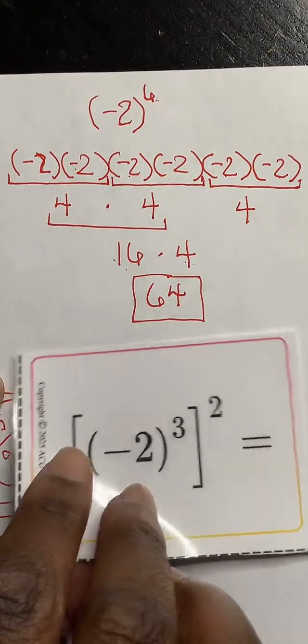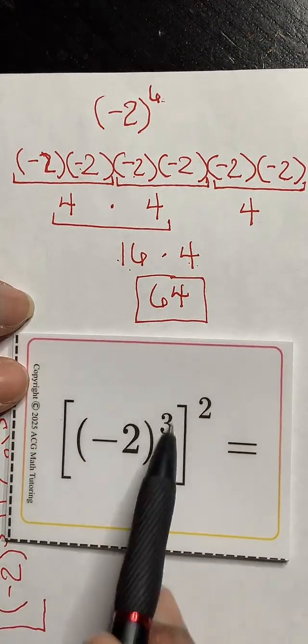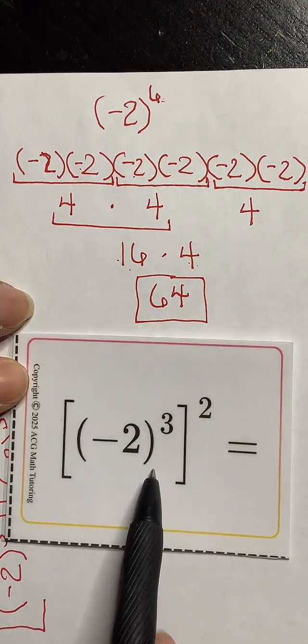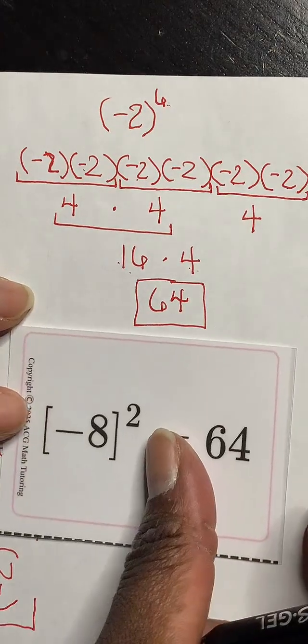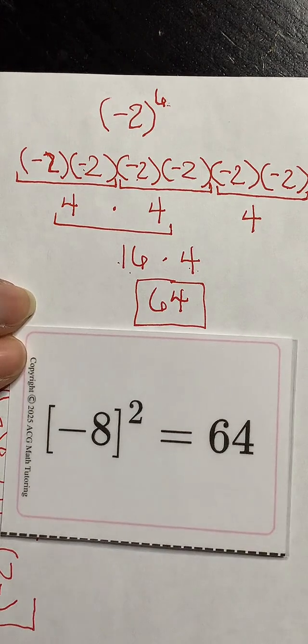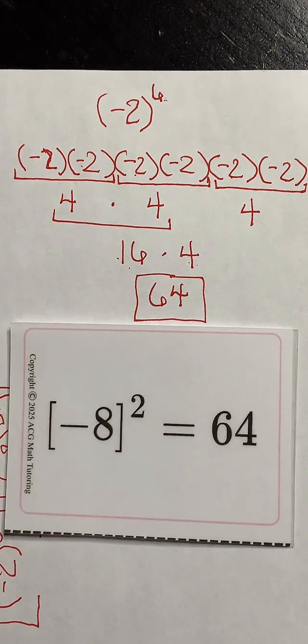Or did you feel better with tackling what's inside the bracket, which is where the negative 8 came from, and then we square it? You make the choice. Okay? All right. Go ahead, Olivia.